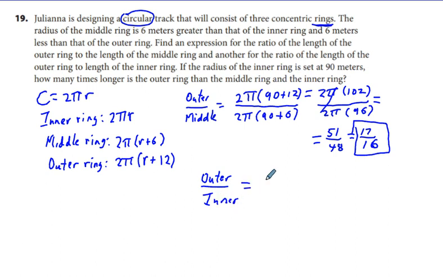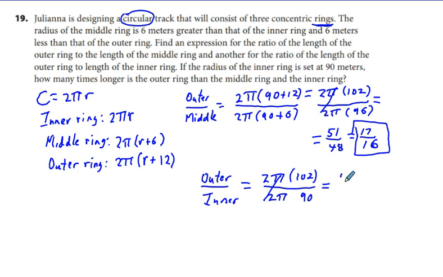And that's going to be 2 pi, same as above, times 102 over 2 pi times 90. And 2 pi over 2 pi cancel.